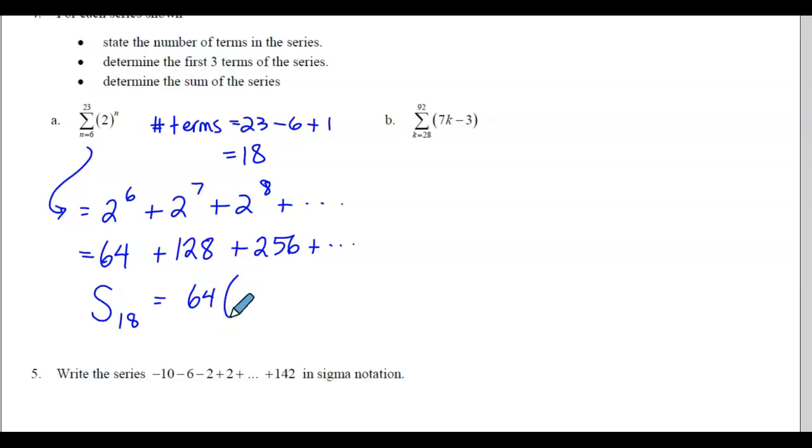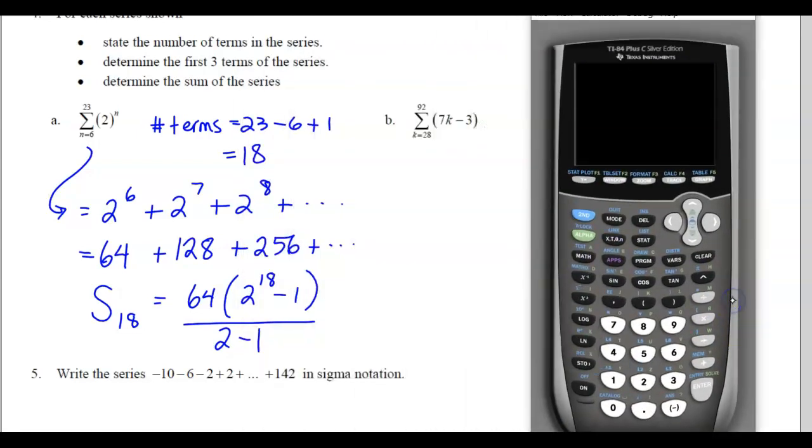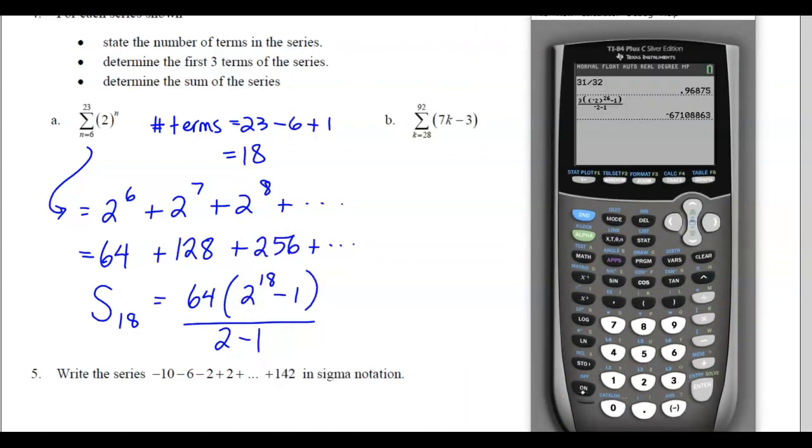Common ratio is 2, so 2 to the 18 minus 1 over 2 minus 1. So don't even need a fraction. 2 minus 1 is 1. So I don't have to use the fraction form. I can go 64 bracket 2 to the exponent 18 minus 1 close bracket.